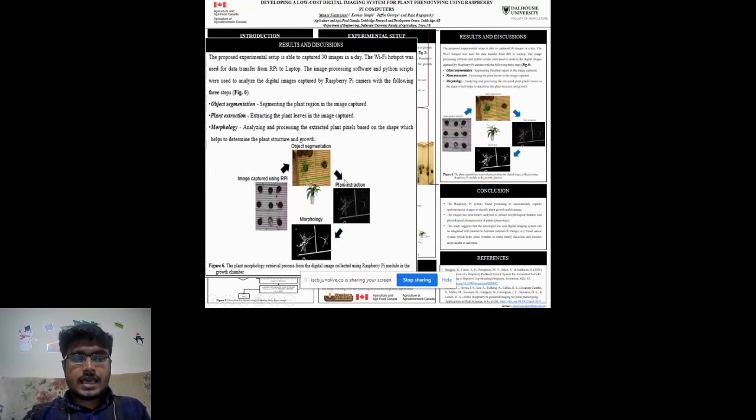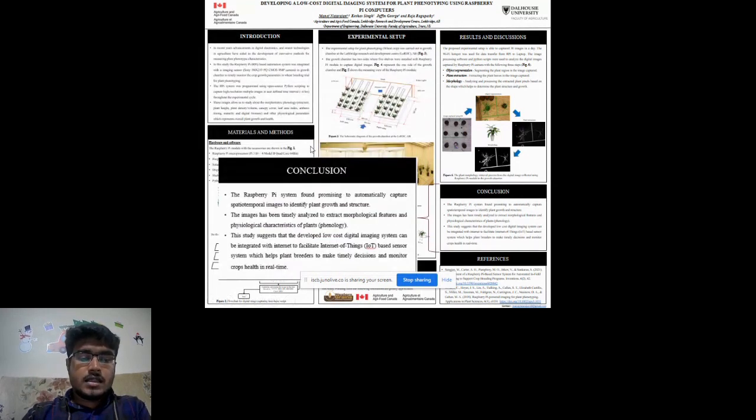The second is extracting the plant leaf in the captured image, which determines how green it is and shows the chlorophyll value and other morphological characters. The third is morphological analysis, which is used to analyze and process the extracted plant pixels based on shape, which helps to determine the plant structure and plant growth.